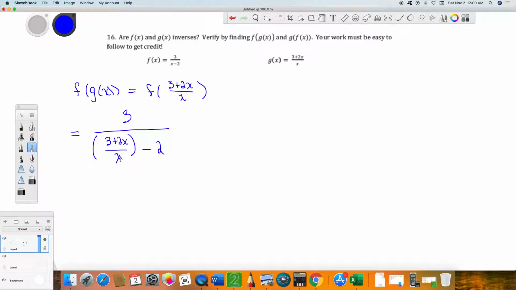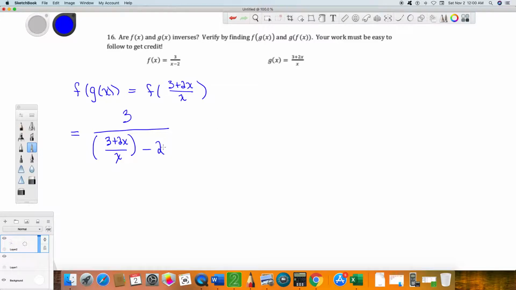So to simplify this, we could do a variety of things. We could look at this denominator and see an x and multiply it by x over x to get rid of that denominator. We could rewrite 2 as 2x over x, get a common denominator, subtract that, and then let's do it. Let's do that.